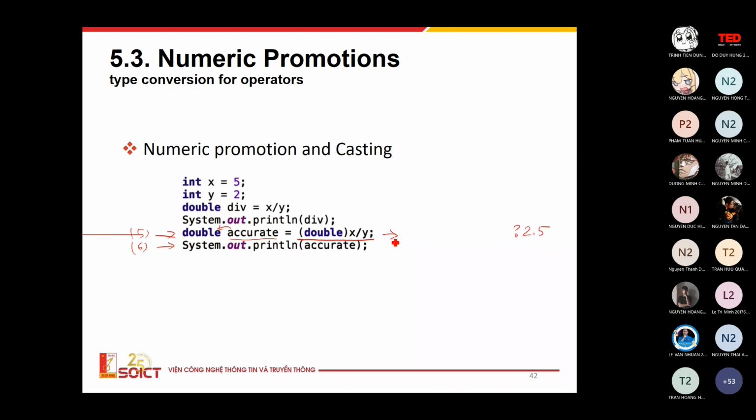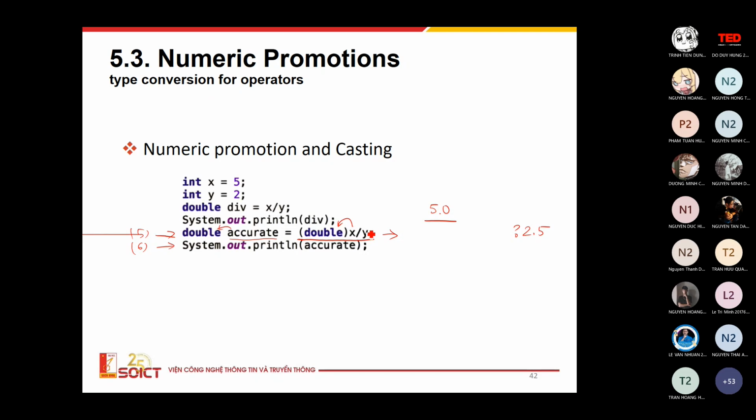Why is 2.5? Firstly, we explicit the type of value, the type of x to double, integer to double. Okay. Firstly, you have to explicit casting x to double. And then you will get 5.0.